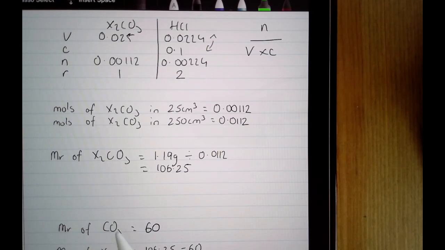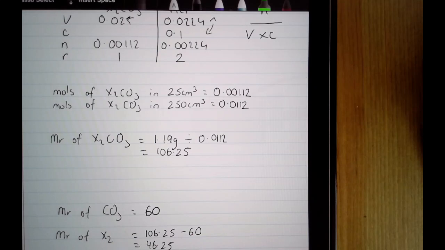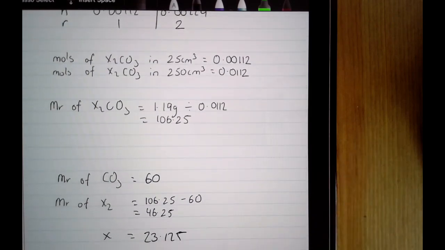So carbon is 12 and 3 oxygens adds another 48. So I know the carbonate is 60. I know the whole thing is 106.25. So to work out X2, it must be 106.25, the whole formula mass, minus the formula mass of the carbonate ion, and I'm left with 46.25. There are 2 X, so if I divide by 2, I'll find the formula mass of 1 X. X has a formula mass of 23.